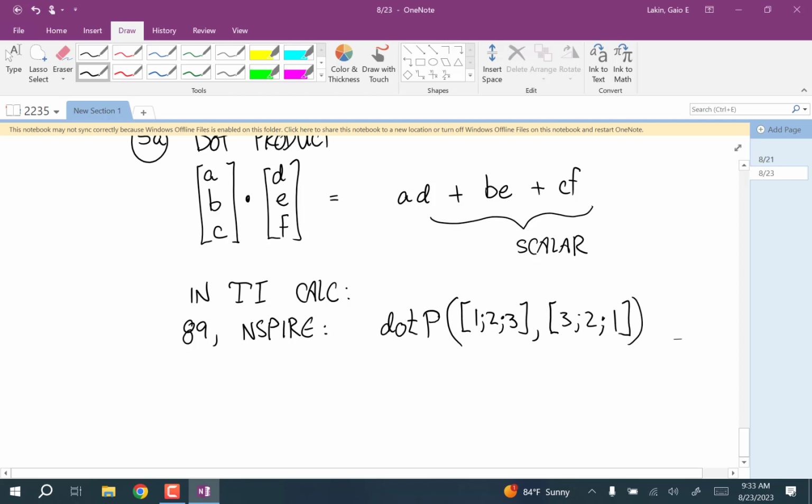And if you enter this in, it'll spit out the answer 10. So 1 times 3 plus 2 times 2 plus 3 times 1, so that's 3 plus 4 plus 3, which is 10.